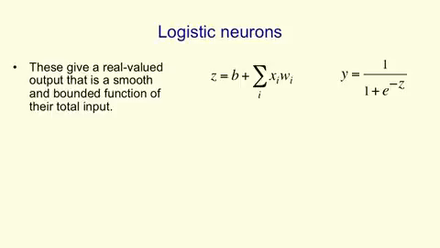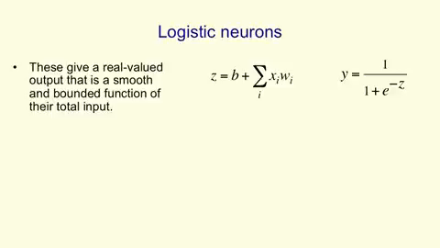We're now going to generalize the learning rule for a linear neuron to a logistic neuron, which is a nonlinear neuron. So a logistic neuron computes its logit, z, which is its total input. It's its bias plus the sum over all its input lines of the value on an input line, xi, times the weight on that line, wi.